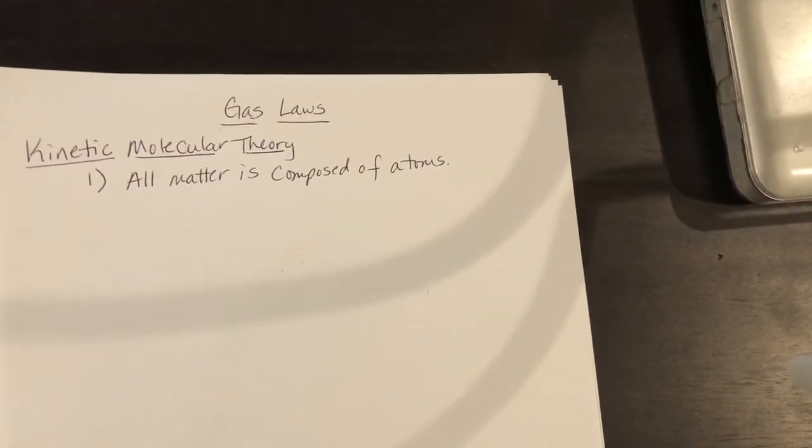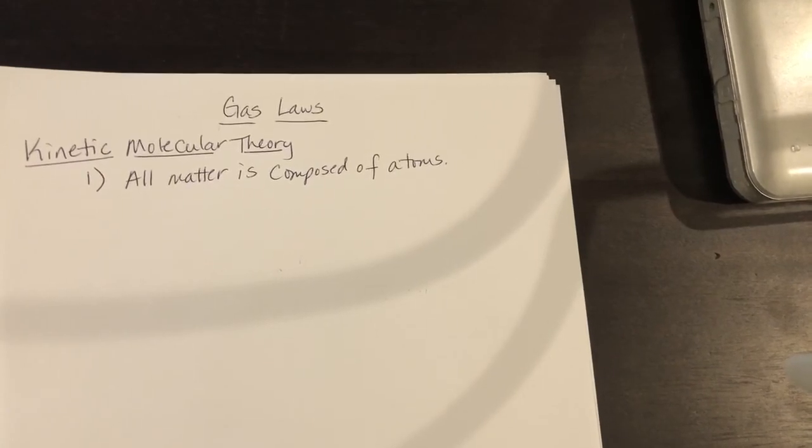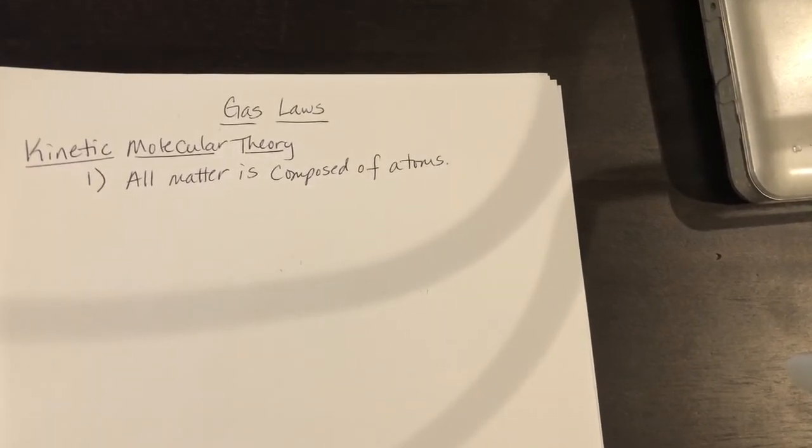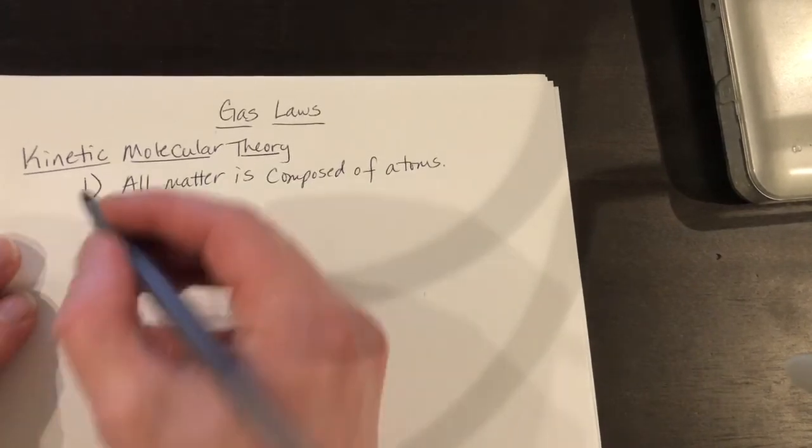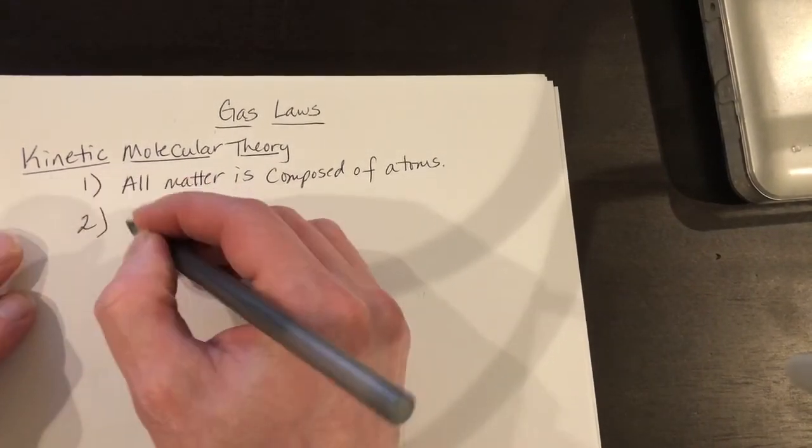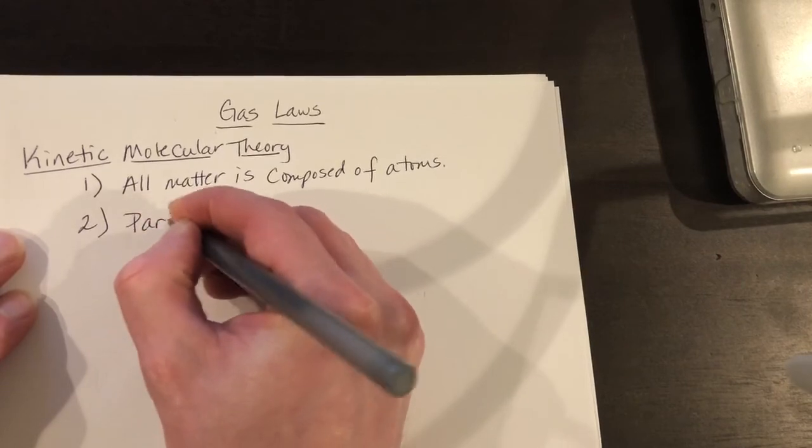Now, we know that atoms are made of protons, neutrons, and electrons, and we've already talked about that throughout the whole entire year. Second part, particles are always in constant motion.